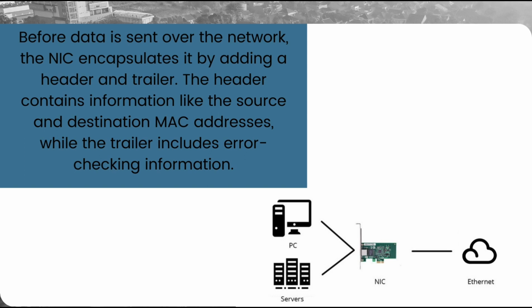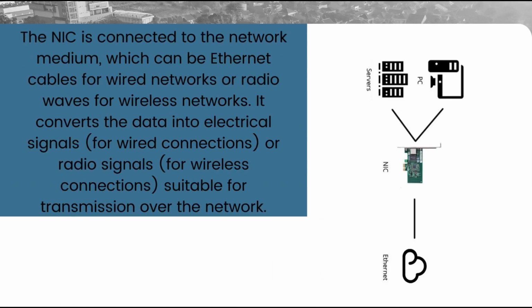Before data is sent over the network, the NIC encapsulates it, meaning cover, box, I repeat this word, encapsulates it by adding a header and trailer, like a movie trailer. No, it is just a trailer. The header contains information like the source and destination media access control addresses, while the trailer includes error checking information.